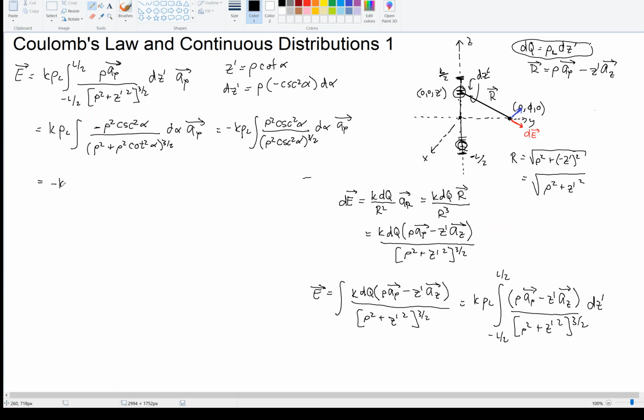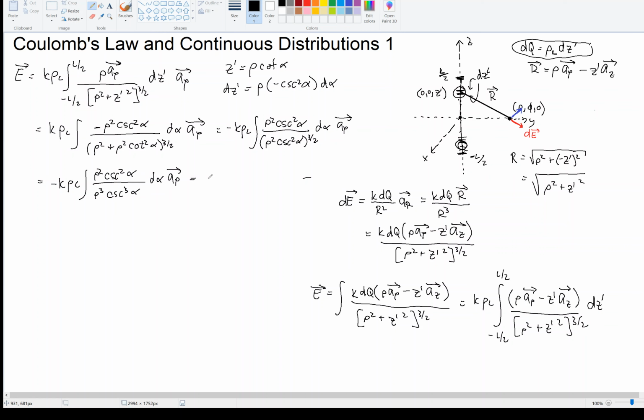And then here's where the magic really happens. So now I can write this as negative K rho L, rho squared cosecant squared alpha. If I bring in that 3/2 power, I've got rho cubed cosecant cubed alpha d alpha a rho.